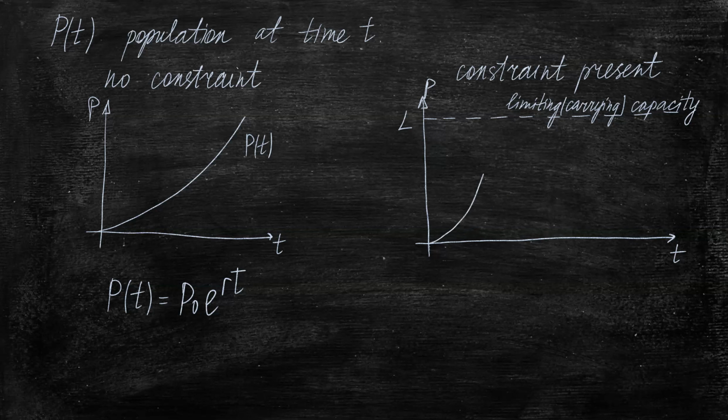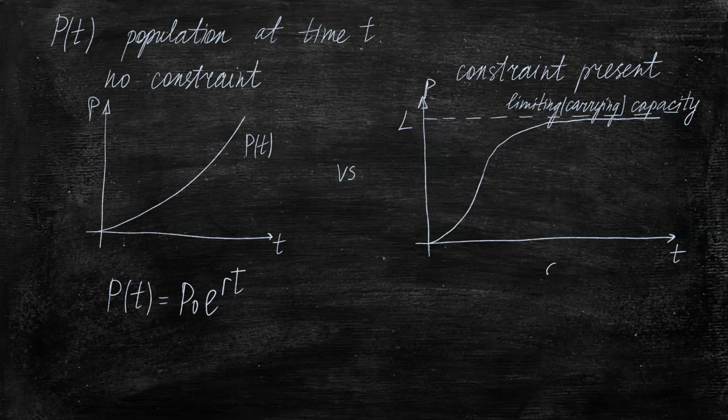But then as you approach the limiting capacity, the growth rate should slow down, and you should be approaching the limiting capacity in the limit. If you reach it, then you'll stay there, but it is possible that you will never reach that capacity.